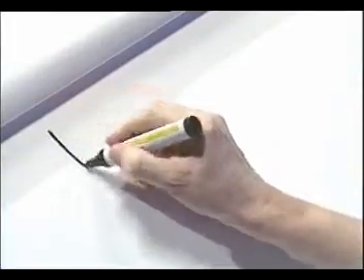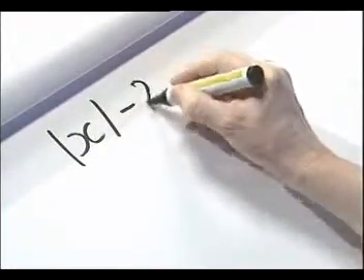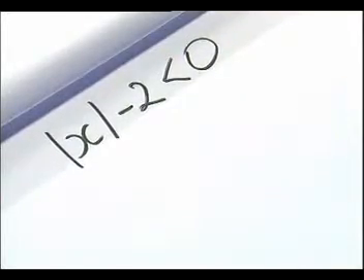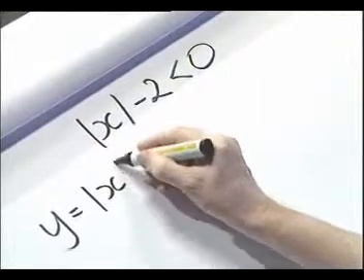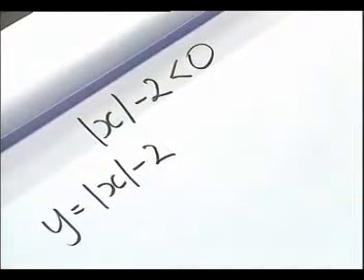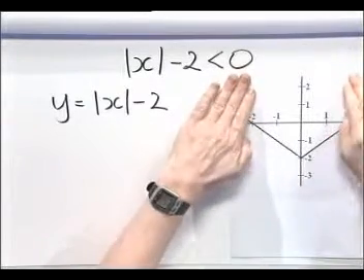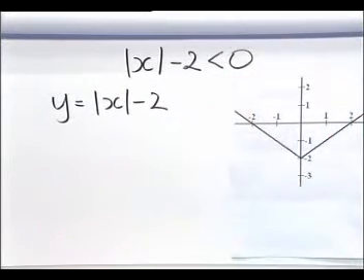This technique can also be used with modulus inequalities, and here using a graph can be very helpful. Take, for example, the inequality mod x minus 2 is less than 0. Again, we need to plot the graph of y equals mod x minus 2. This is the graph of y equals mod x minus 2.